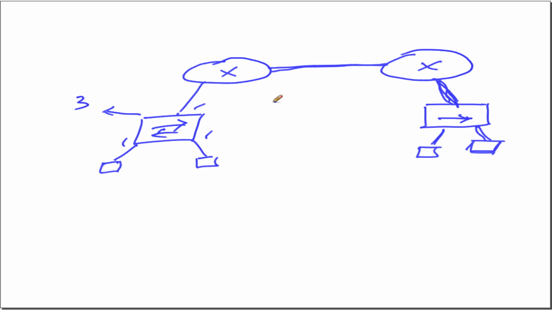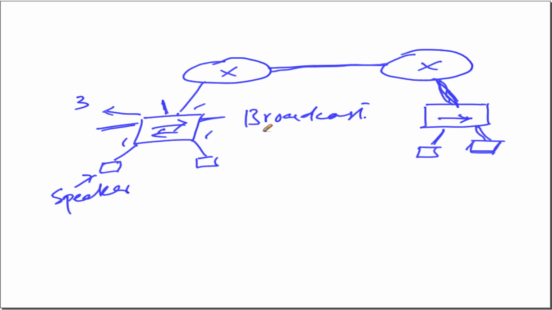Now what the broadcast domain does is, let's say this PC sends a packet whose host bits are all turned on. Then if there were many PCs connected to this switch, all those PCs would receive that frame. It's like a TV broadcast or radio broadcast, where one is the speaker, this one is the speaker, and everybody else is the listener.